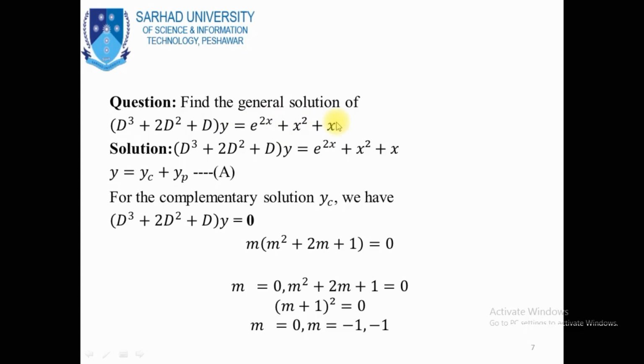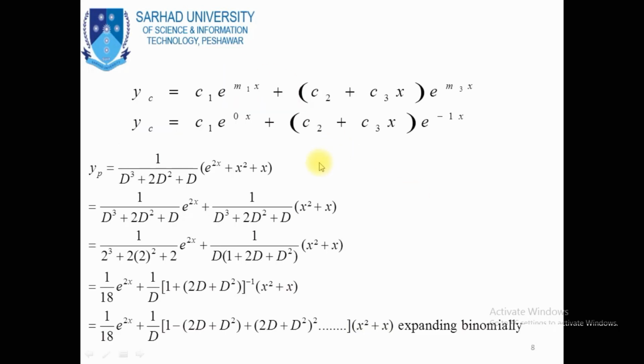In case of a polynomial, we can find the particular solution by using the binomial theorem. But first of all, make the binomial theorem in the differential operator. How to obtain a binomial theorem in the differential operator?